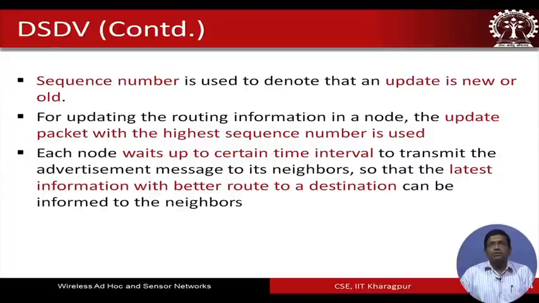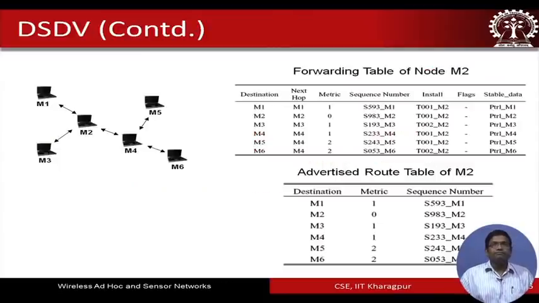For updating the routing information in a node, the update packet with the highest sequence number is used. Highest sequence number means it is the most current packet, which has the latest information, and this latest information will give a better route to the destination. This is the whole idea of maintaining the sequence number in these routing tables.